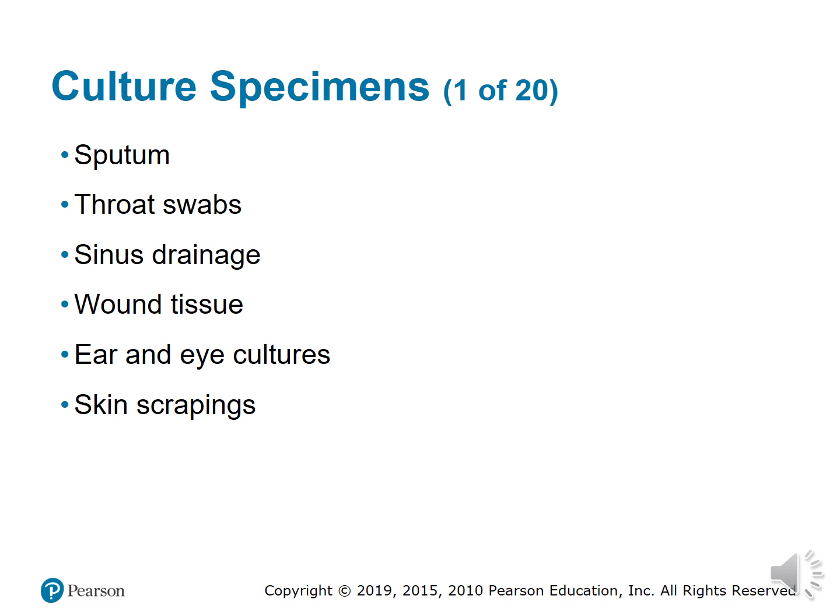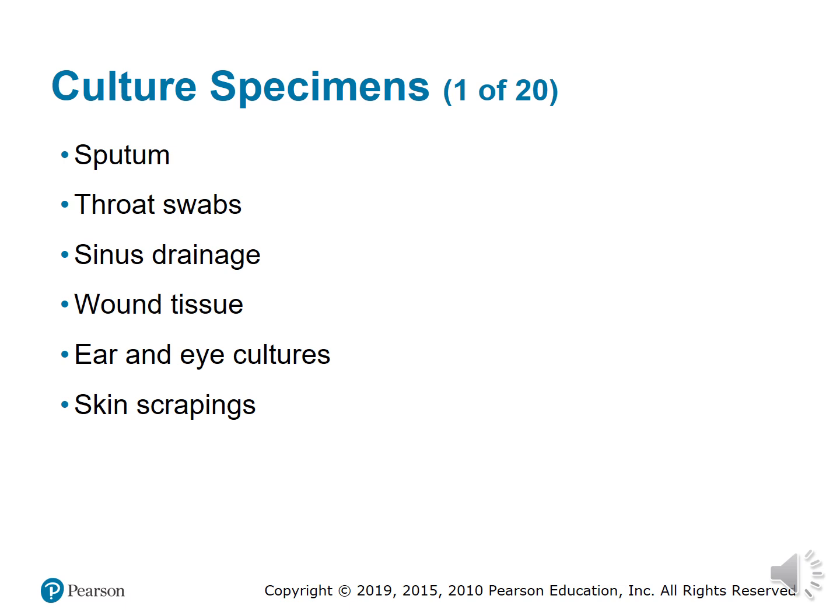Another type of specimen we collect, and sometimes we do some of these ourselves, especially if we work in an outpatient lab service. These are specimens that normally go to microbiology for a culture study.